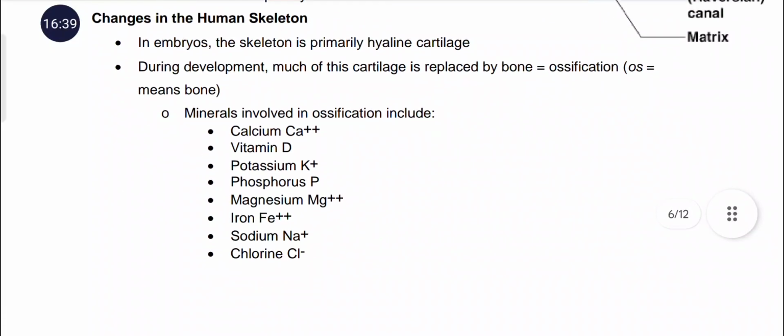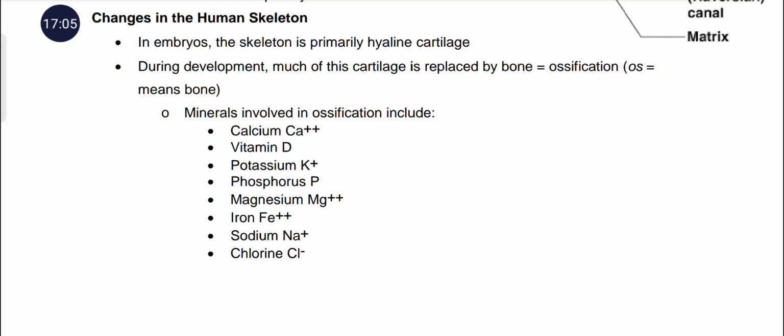So after the internal structure of the bones, let us see how changes in the human skeleton take place from the embryonic stage to the adult stage. In the embryonic stage, the skeleton primarily consists of hyaline cartilage. During development, much of the cartilage is replaced by bone. The phenomenon is known as ossification, where os means bone.